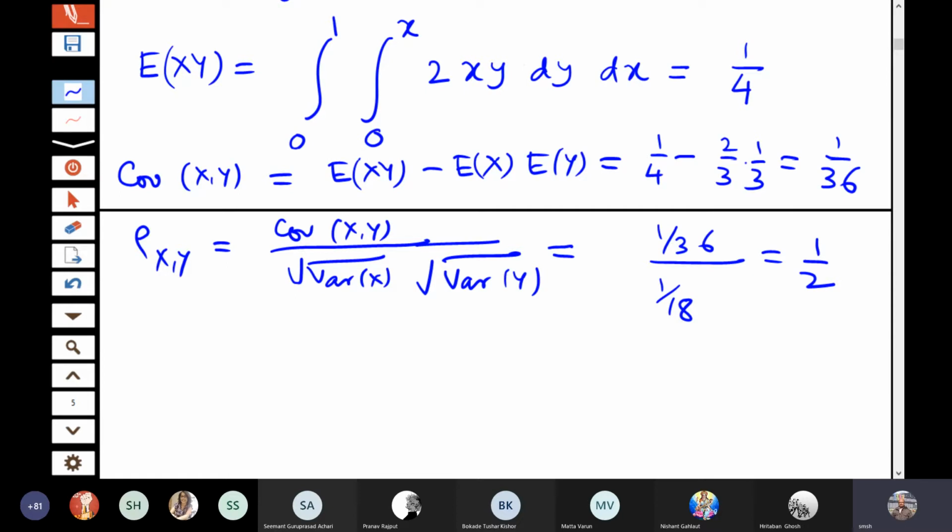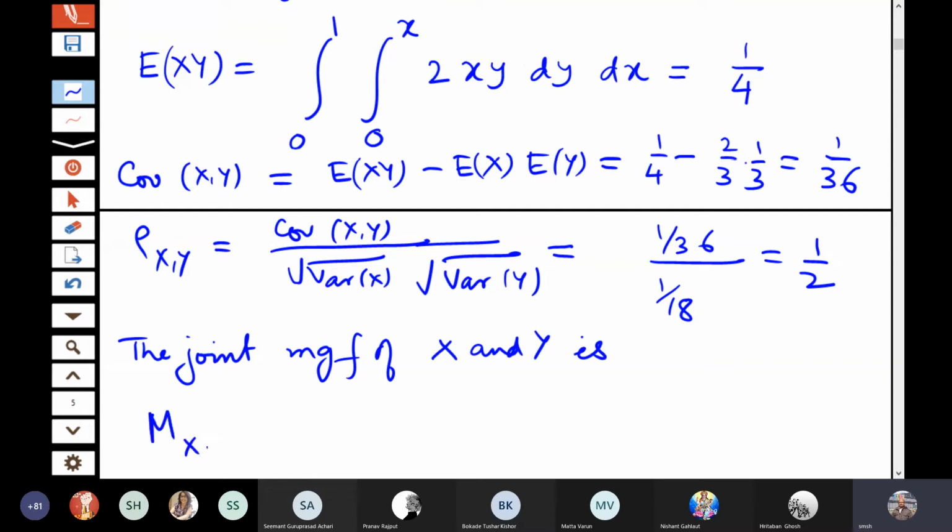Next, we consider the joint moment generating function of x and y. That is defined as M_XY at points s and t. It is expectation of e to the power sx plus ty. If you remember the MGF of one random variable, it was defined as expectation of e to the power tx.